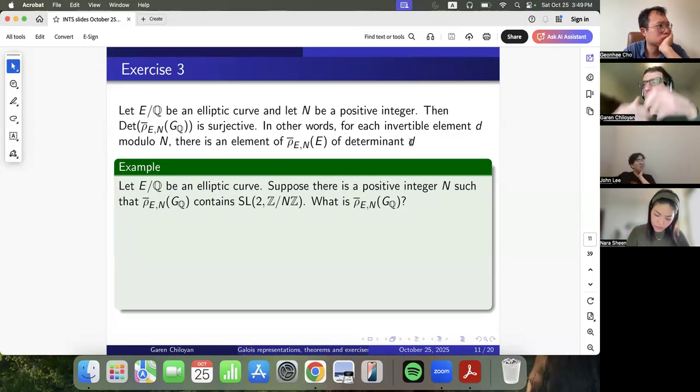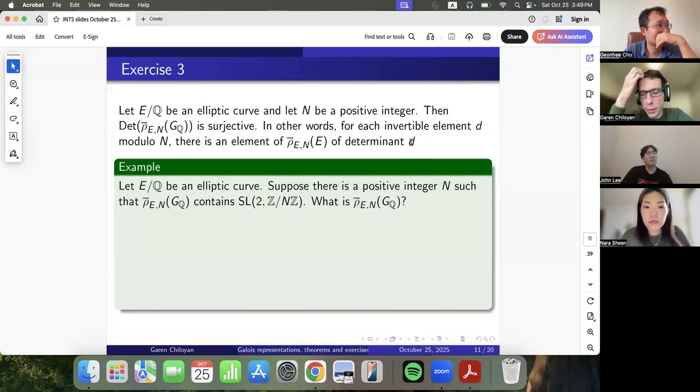So let's say you're working over Z mod 4Z. What are the invertible numbers modulo 4? Of course, you have 1 and you have 3. So let's say I have an elliptic curve. The image of the mod 4 Galois representation will have an element of determinant 1, and it'll have an element of determinant 3.